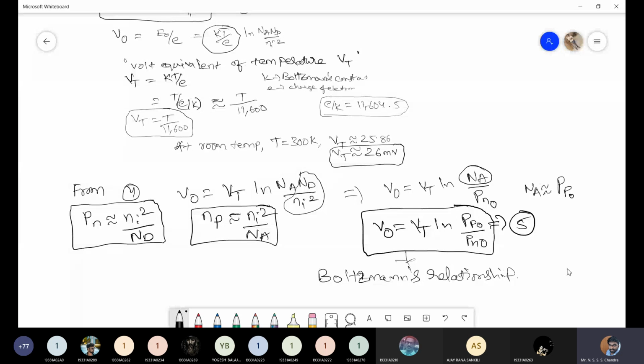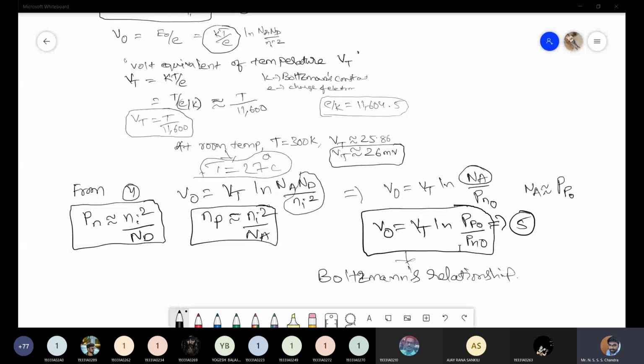So at any given temperature, if you find the volt equivalent value, you will get it in volts. At room temperature, I'm considering T equal to 27 degrees. In case nobody mentions the room temperature, you consider T equal to 27 degrees centigrade. So the absolute temperature is equal to 273 plus 27.